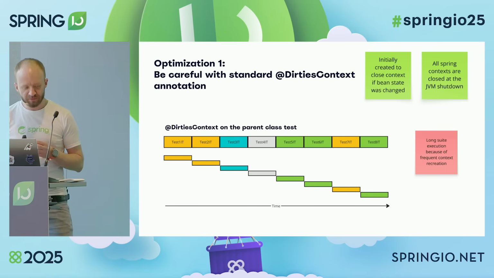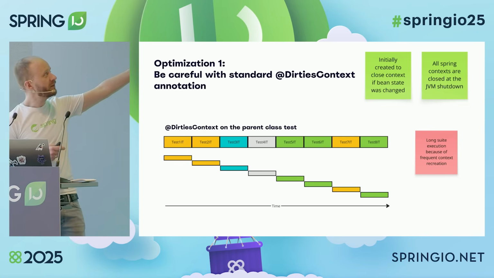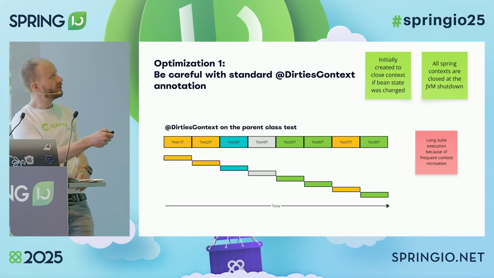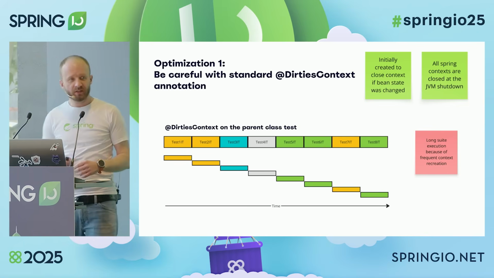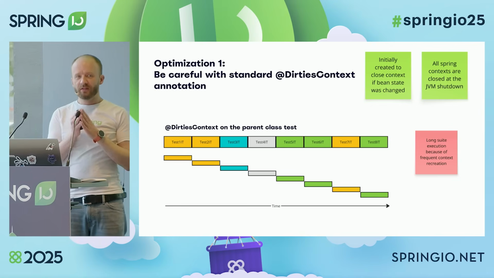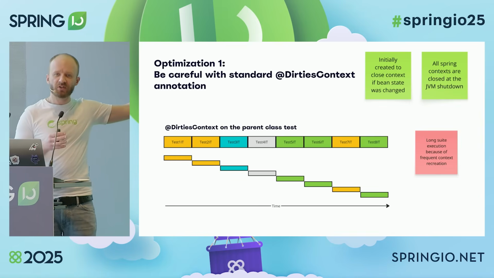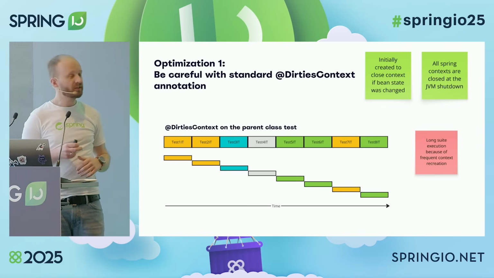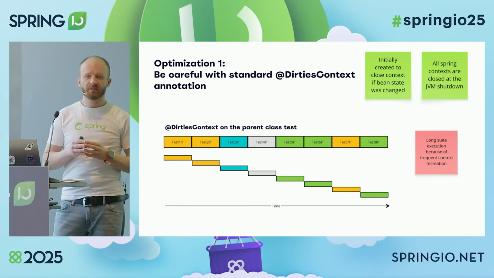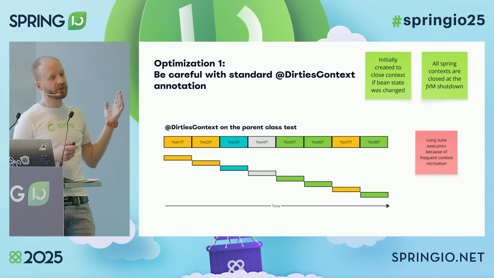I believe many of you who discovered this problem are familiar with a wonderful annotation called DirtiesContext. I think Stack Overflow will suggest it among the first. One of the most radical scenarios is to add this annotation on your parent integration test class. And in many cases, it solves the problem. How does it work?